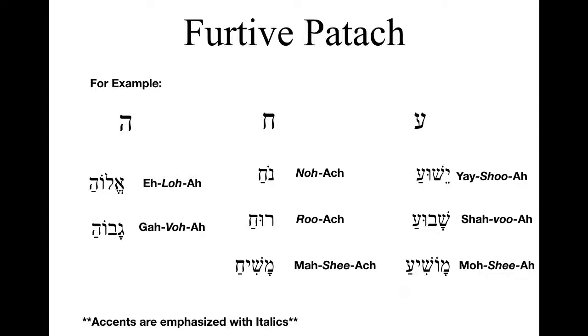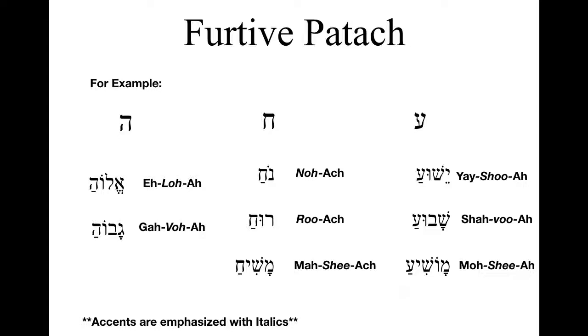For Chet, there are quite a few more examples. We have noach, ruach, and mashiach. So if you are a Hebrew student, you should be able to recognize each of those three words. Noach is Noah in the scriptures.